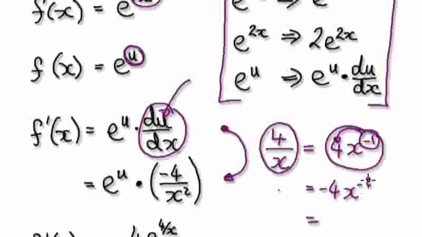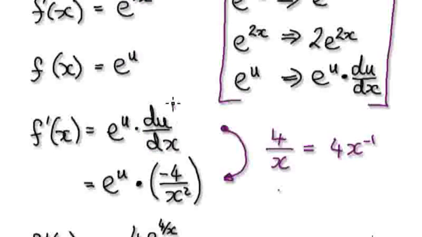Turn it back into this, so it will be minus 4 times 1 over x squared, and then the minus 4 gets multiplied to the top. Basically, this bit here will become this. So when you differentiate it, it will become this.